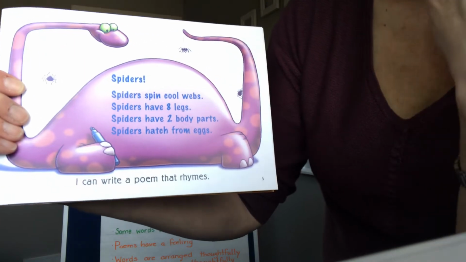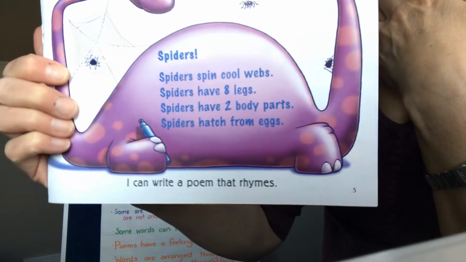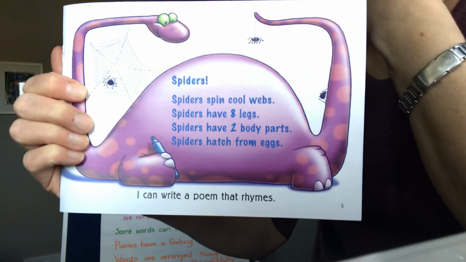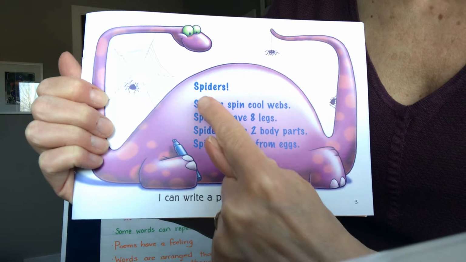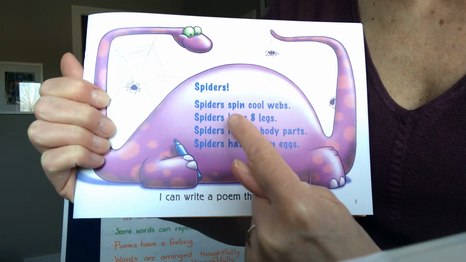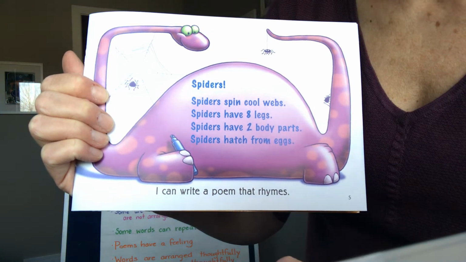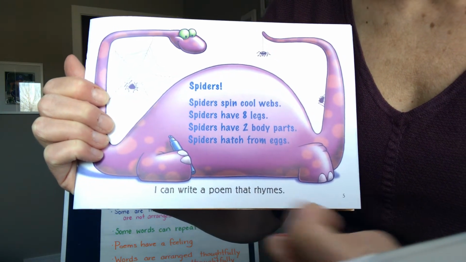This poem is a poem that rhymes. And if you notice something about this, this is the kind that has words that repeat. Look, spiders. Spiders spin cool webs. Spiders have 8 legs. Spiders have 2 body parts.